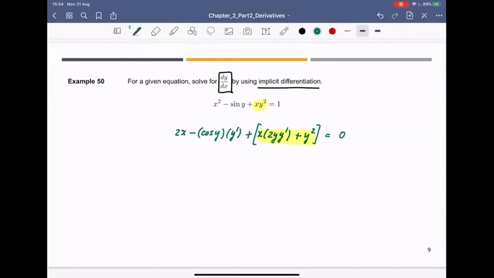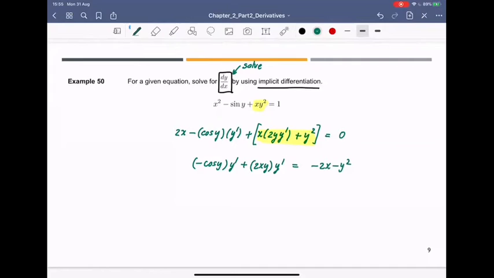All right, sounds good. After that, I can simplify a little bit because I want to solve for dy by dx. I'm going to keep my y prime on the left, and then move everything else to the right. So I have negative cosine y times y prime, and then plus 2xy times y prime, equal to negative 2x minus y squared.